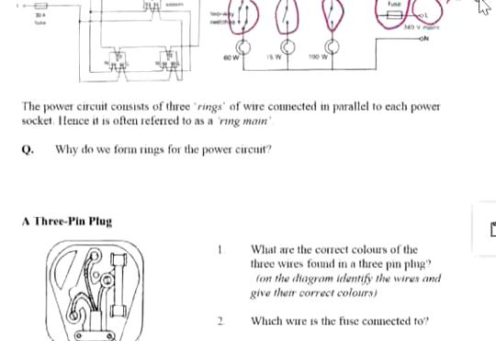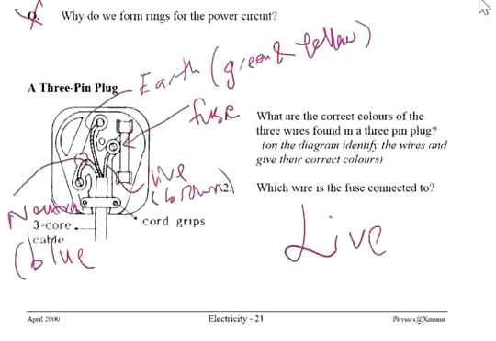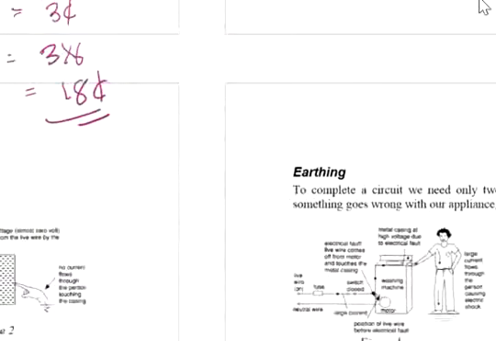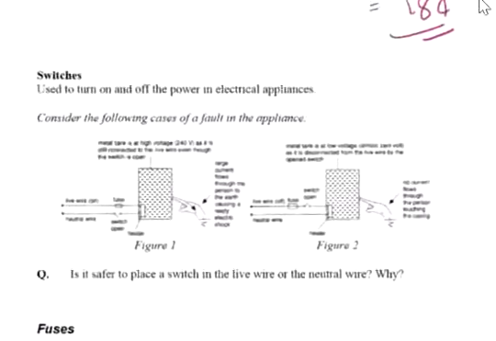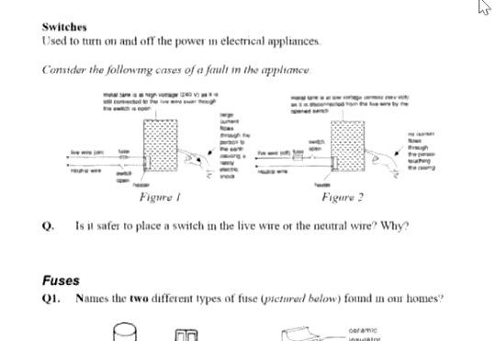And this single device here is the fuse. Which wire is the fuse connected to? It is the live wire. Okay. Switches are used to turn on and off electrical appliances.